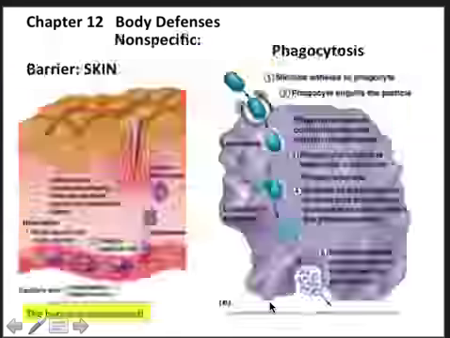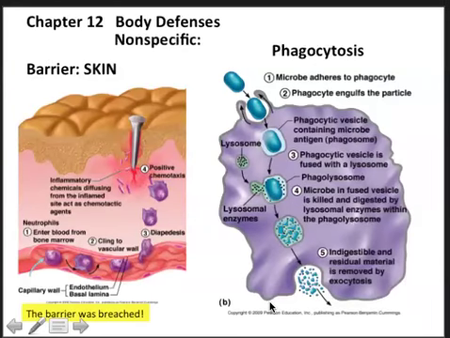So what you're looking at here is just an example of how the nonspecific defenses keep us relatively disease-free on a day-to-day basis. Here we have an example of a puncture wound. What happens here is that the damaged tissue is going to release inflammatory chemicals in the area around the injury.